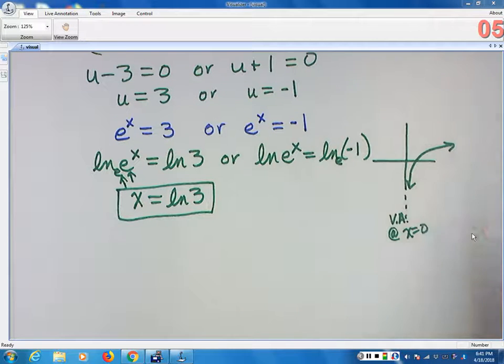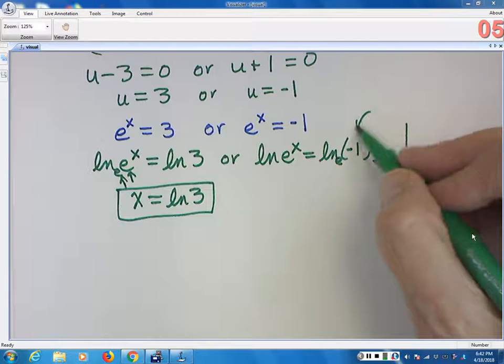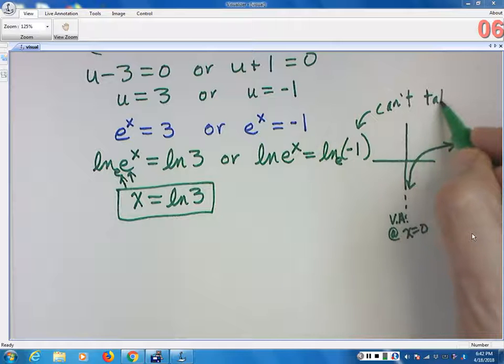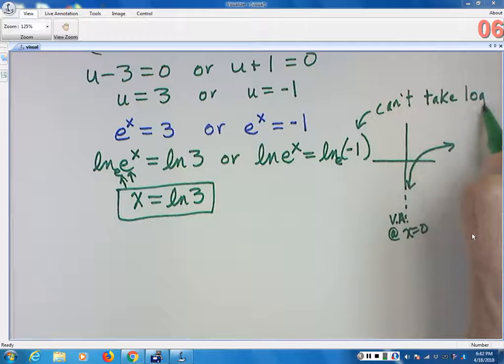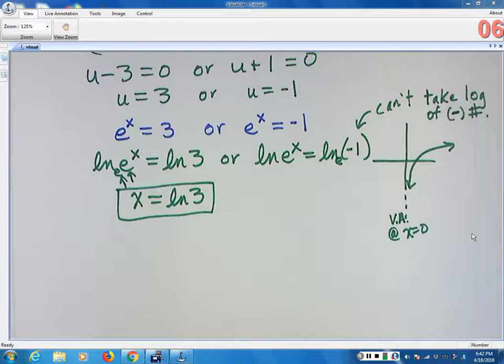I drew the picture so you could see we can't take a log of a negative number, because it's not in its domain. So there's no solution from this part.